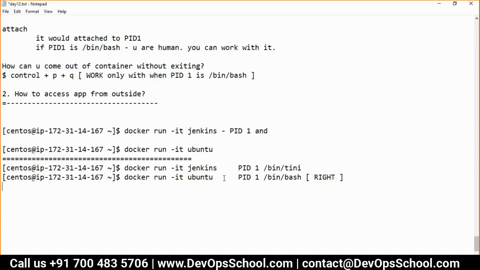But in Jenkins we can't interact with that, right? It's an application, whereas this is like an OS. So in Jenkins, you can't give a command to execute in the Jenkins tool itself. We can do the same thing with Ubuntu since it is an operating system.